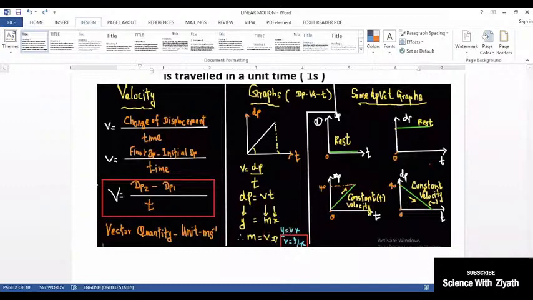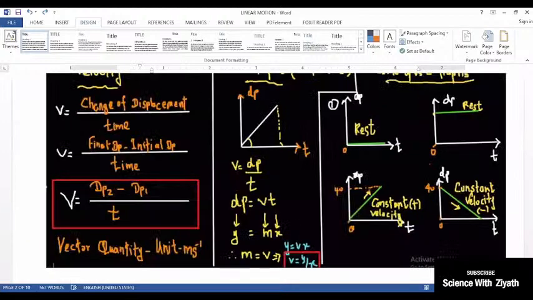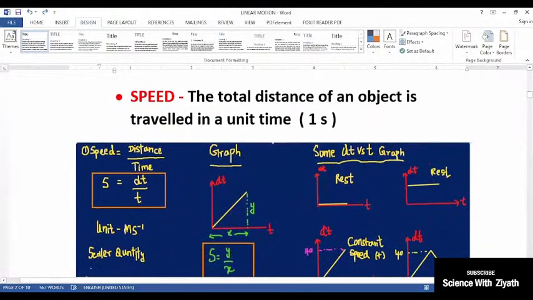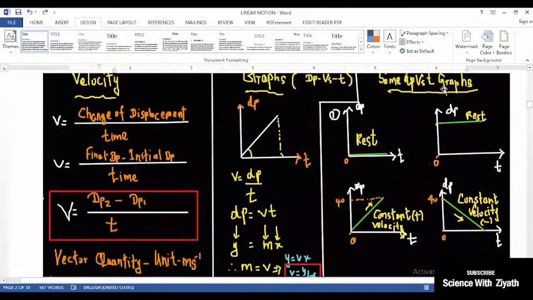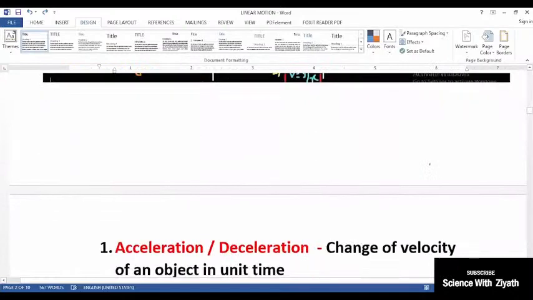In a displacement time graph, the gradient of any graph gives the velocity. Here are some of the graphs you can see. This is rest, and this is also rest, and this is constant velocity, and this is also constant velocity. So these things we discussed last class.